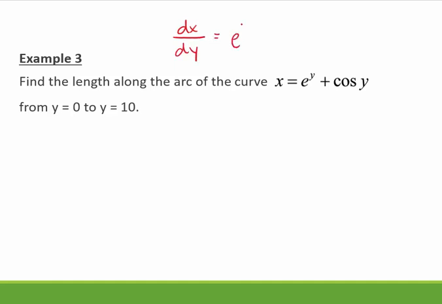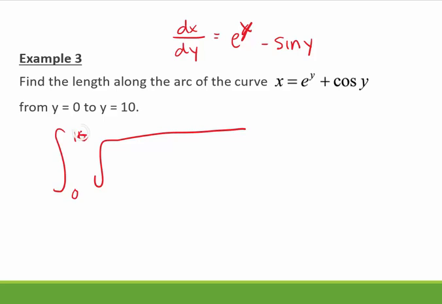So that is e to the y minus the sine of y. So I'm finding the arc length from 0 to 10. That's a 10 there. Okay, let me just erase.